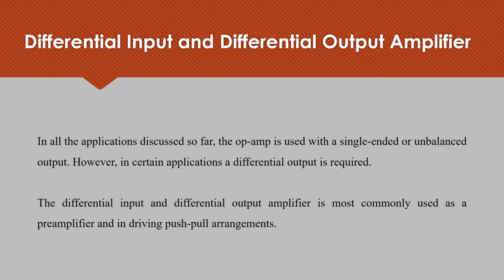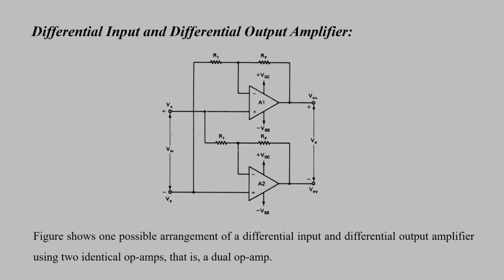The differential input and differential output amplifier is most commonly used as a preamplifier and in driving push-pull arrangements. So this is the figure of the differential input, differential output amplifier. Here you may see that the input is differential as well as the output is differential.